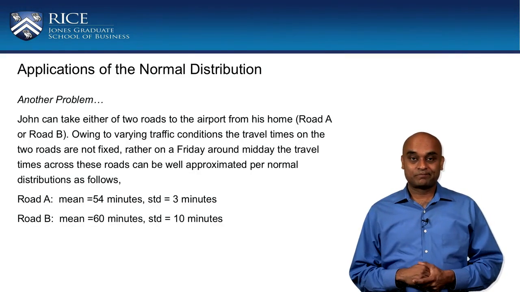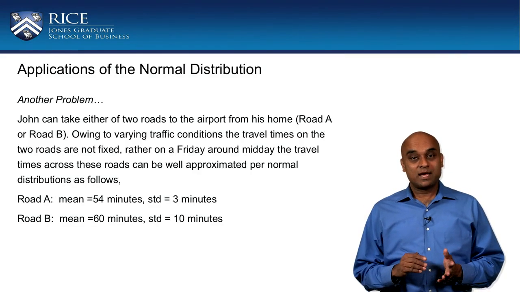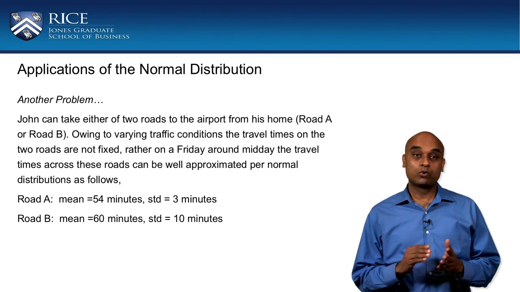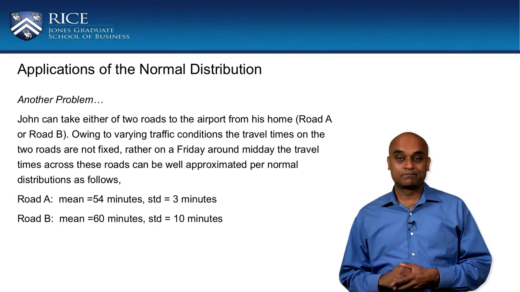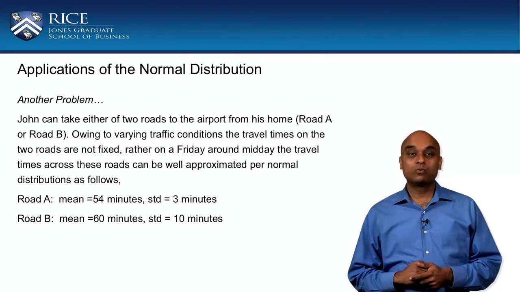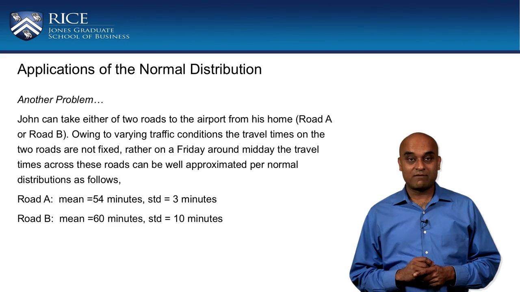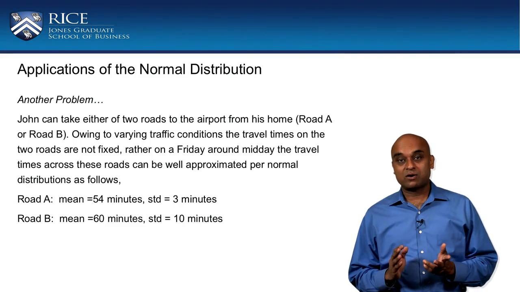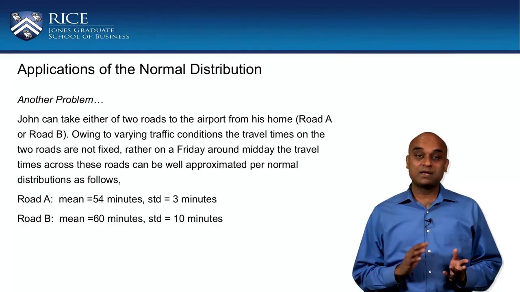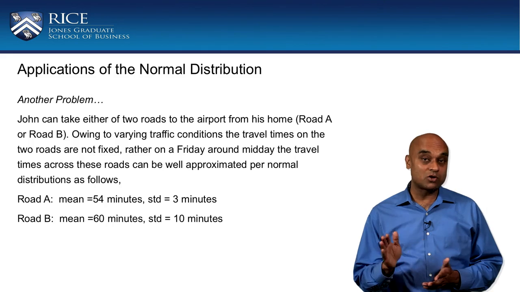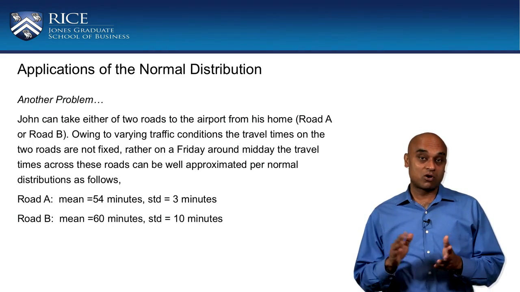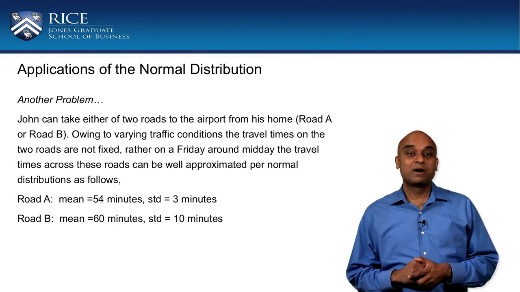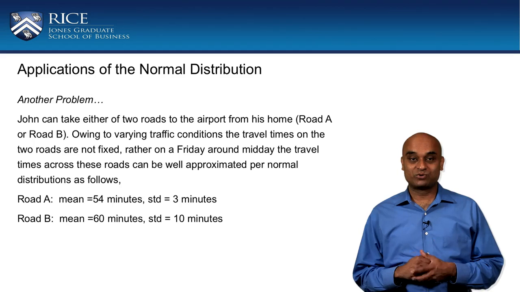Another problem: John can take either of two roads to the airport from his home, road A or road B. Owing to varying traffic conditions, the travel times on the two roads are not fixed. Rather, on a Friday around midday, the travel times across these two roads can be well approximated by normal distributions as follows.